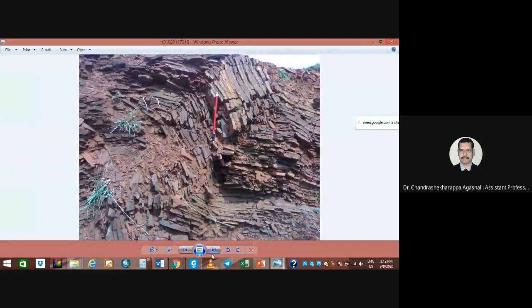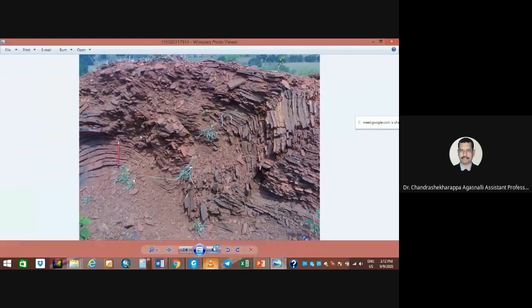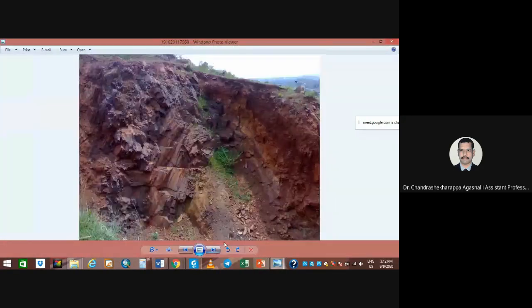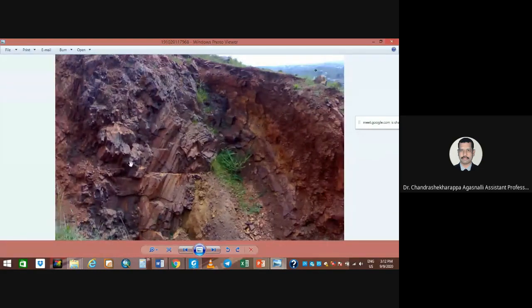So here you can see the fault zone, synclinal fault. Here you can see these folds, or how they look. In the field itself, you can look at the folds, how it is behaving in the iron ore.